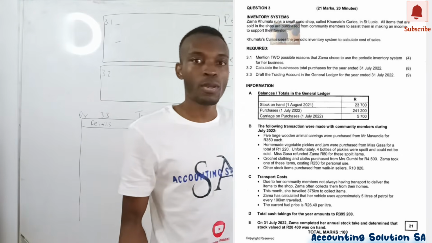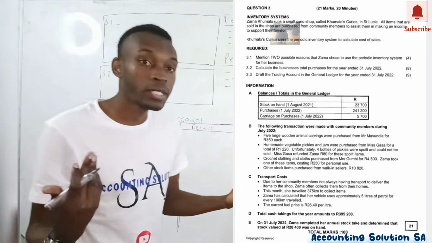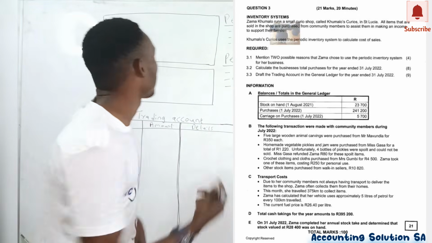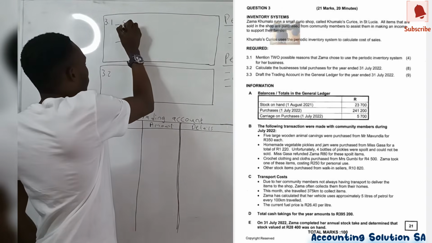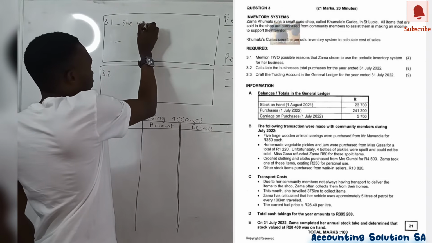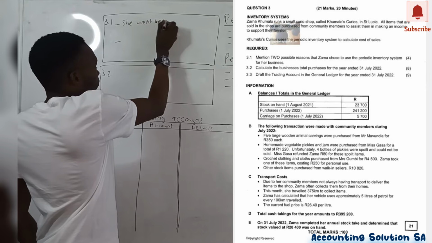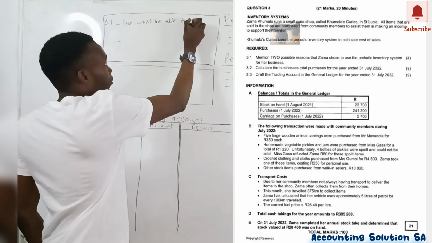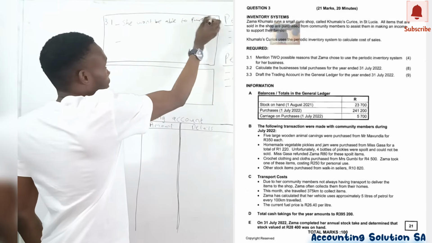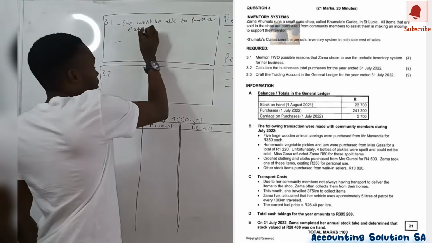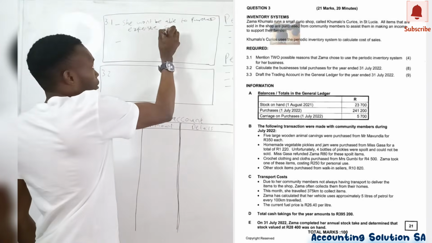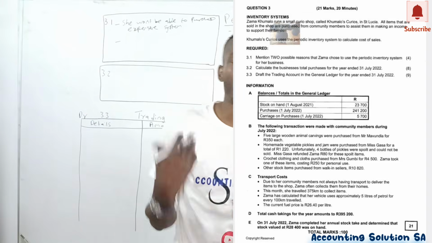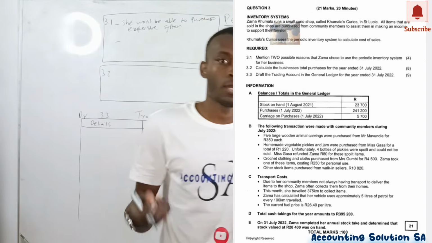Number 1, of course, probably she can't afford to purchase an expensive system. She won't be able to purchase expensive system or equipment. She won't be able to afford those expensive systems.